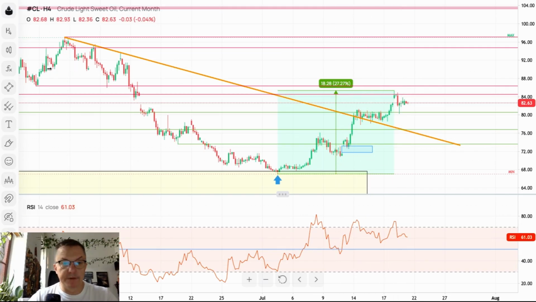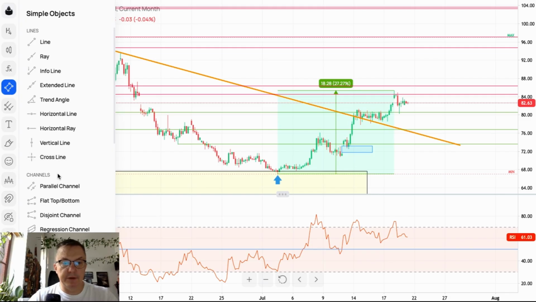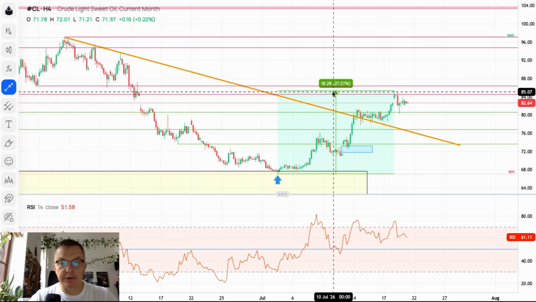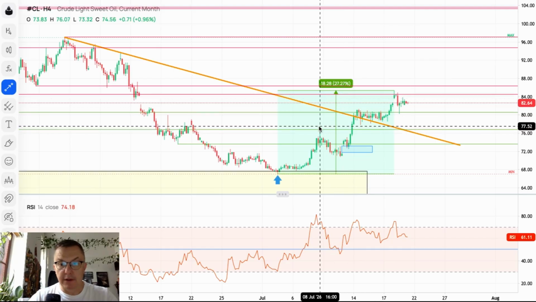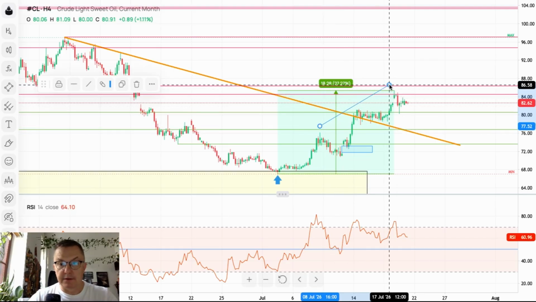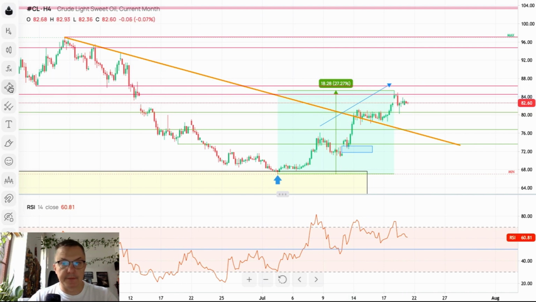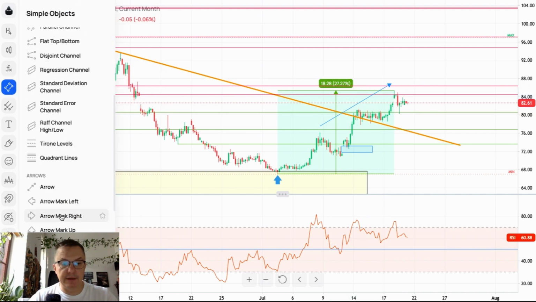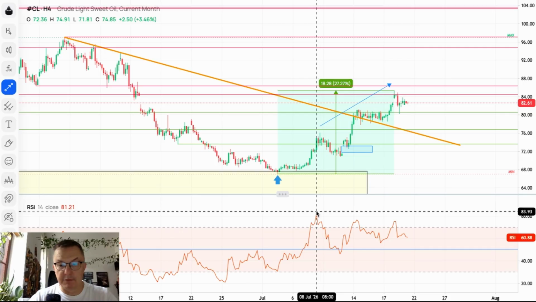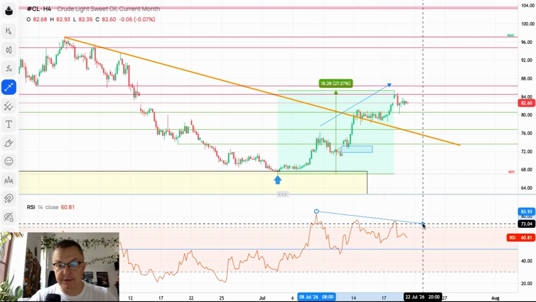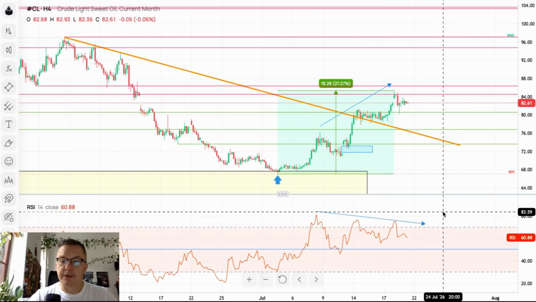Nevertheless, we can see multiple divergence between what the momentum is doing and what the price is doing, right? So we have movement to the upside here, and we have higher highs and higher lows during this movement. And if we apply it to the momentum, you can see the momentum is roughly decreasing a little bit.